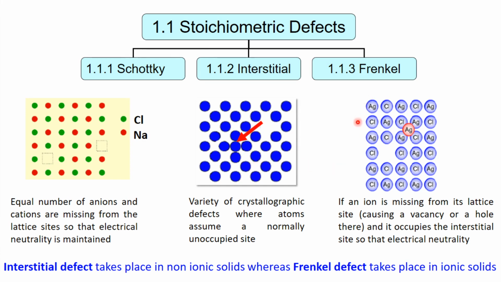Frenkel defects. If an ion is missing from its lattice site, causing a vacancy or a hole there, for example, in this diagram on the right hand side, you can see it is silver chloride and silver Ag is missing from one of the lattice sites, causing a vacancy or hole, and it is occupied at the interstitial site so that electrical neutrality is maintained.